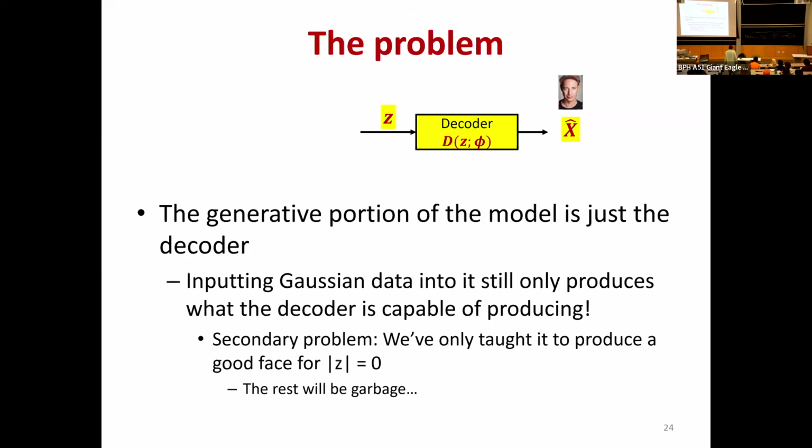So the generative portion of the model, this is the decoder, right? This is the one that takes in a Z and generates data. Now, once again, my problem was to learn a distribution for, say, faces, and then somehow come up with a mechanism for drawing from this distribution.